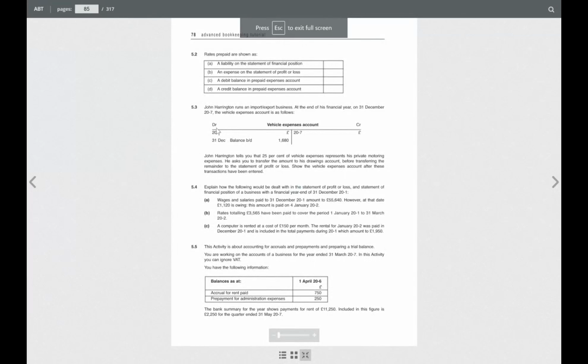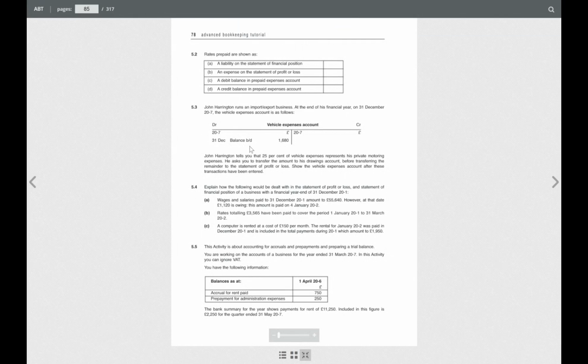5.3. John Harrington runs an import-export business. At the end of the financial year, on 31st December, the vehicle expense account is as follows. So on 31st December 2017, the vehicle account shows 31st December balance brought down.